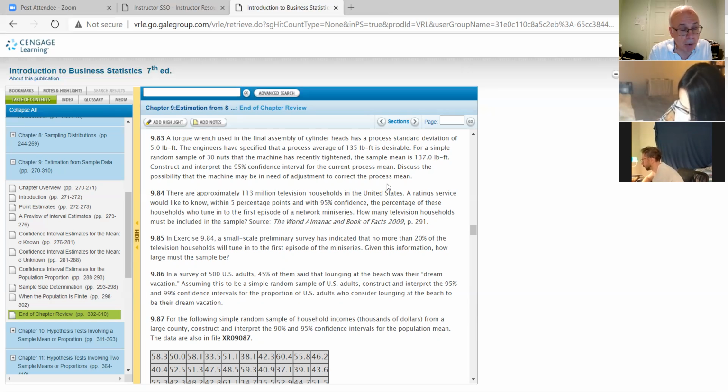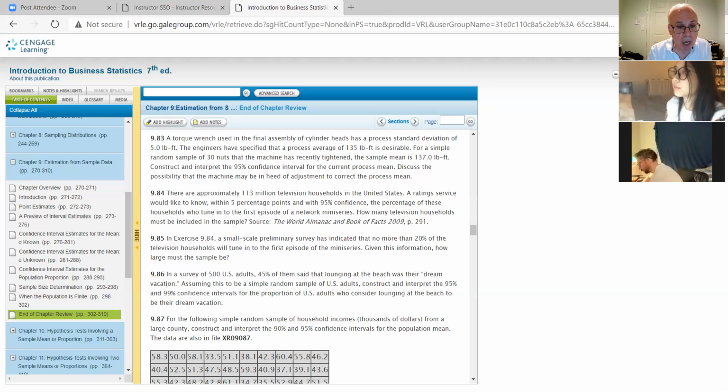All right, so in this particular problem, they give you a process standard deviation. That's not from a sample, is it? Correct? That's your population standard deviation. All right, you're estimating a population mean in this case here, right?